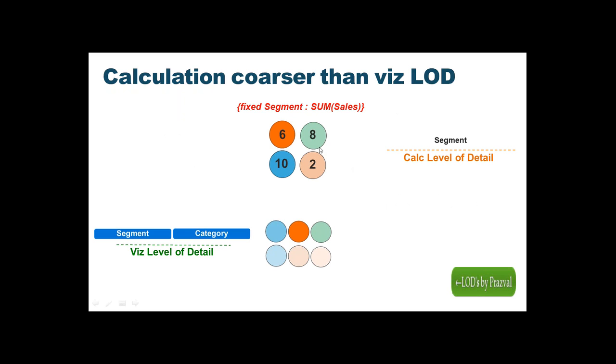These are the values of the LOD calculation. Then how is it going to place the values at my visualization level? It is going to duplicate, or replicate, the values.